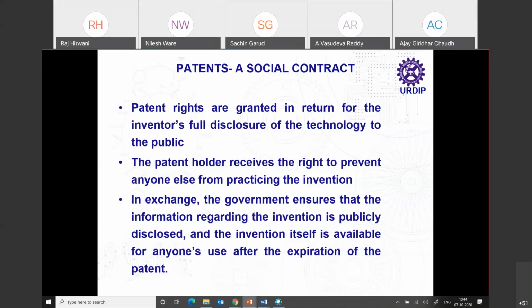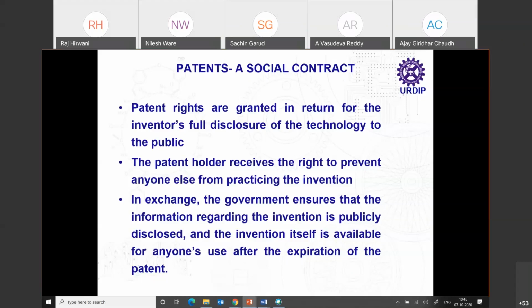It is a social contract. The whole basic purpose of the patenting system is giving new knowledge to the public. Rights are only a corollary of that. The basic is we must bring new knowledge so that further inventions can take place.